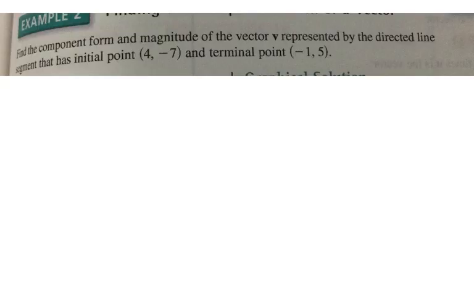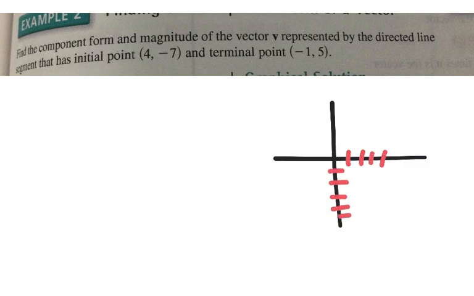It tells me to find the component form and the magnitude of a vector v that's represented by a directed line segment that starts at 4, negative 7, and ends at negative 1, 5. If I'm at 4, negative 7, I'm just making myself a rough draft here.